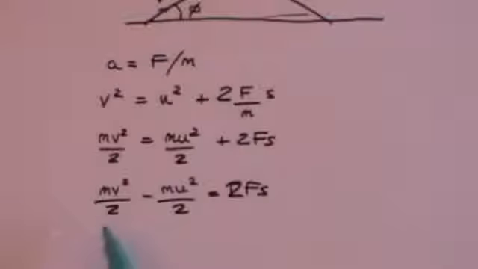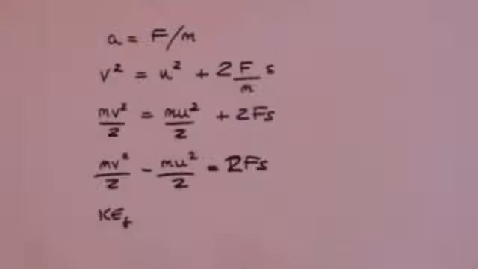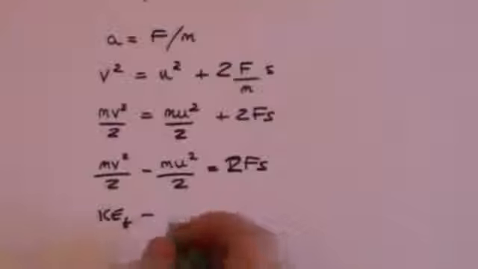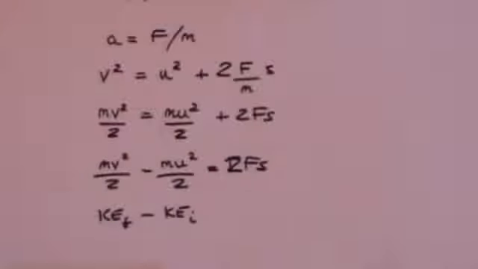But mv squared over 2, or half mv squared, is of course the kinetic energy, and that's the kinetic energy associated with the final end point. Minus, well, half mu squared is the kinetic energy at the outset, what one might call the initial kinetic energy.